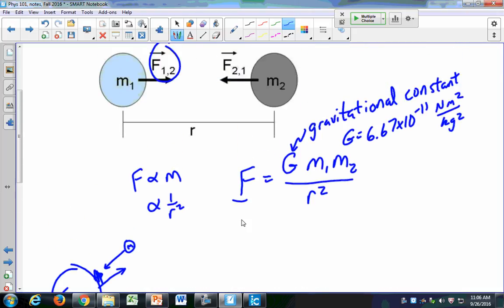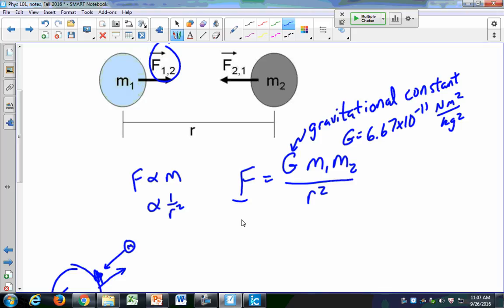Newton's universal law of gravitation is not terribly important for us. You might see some conceptual questions regarding it, but I'm not going to ask you what is the force between two masses. But I do want you to understand that the force between two masses is the same.